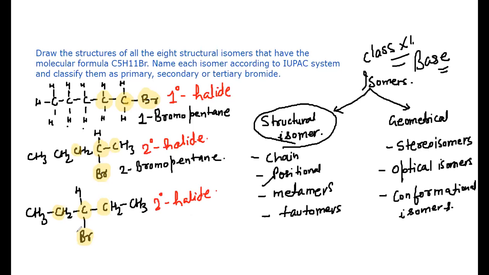Now, if I bring this bromine here on this carbon atom, it will be the same as that carbon atom. No sooner will I write this bromine here than I will have to start counting from this side. So writing bromine over this carbon atom will also make 2 bromopentane. This is 3 bromopentane.